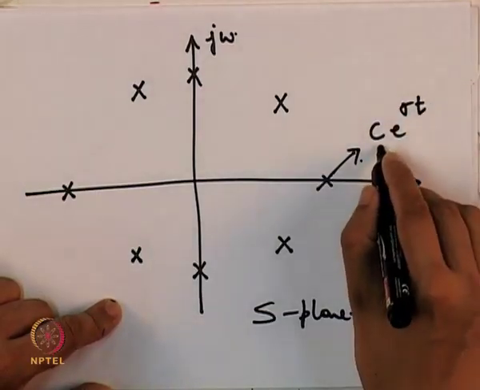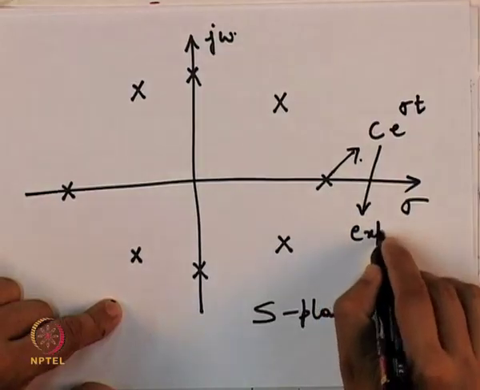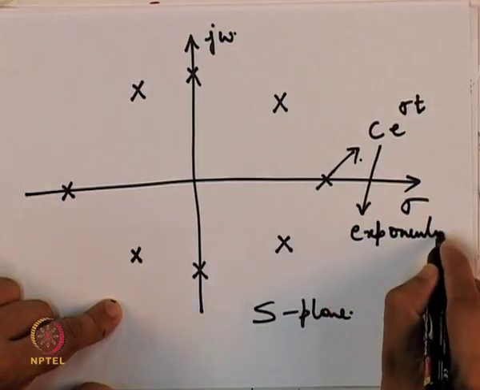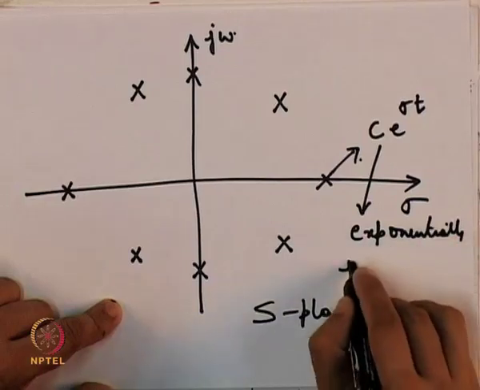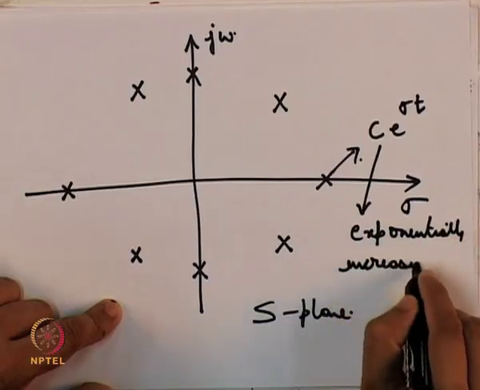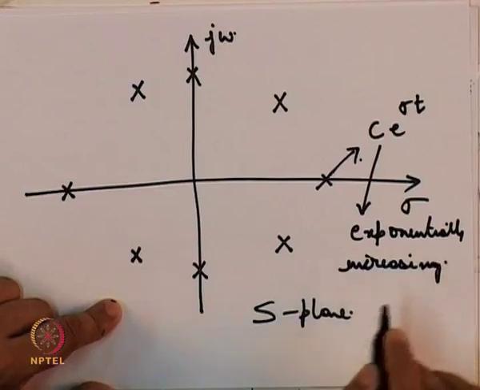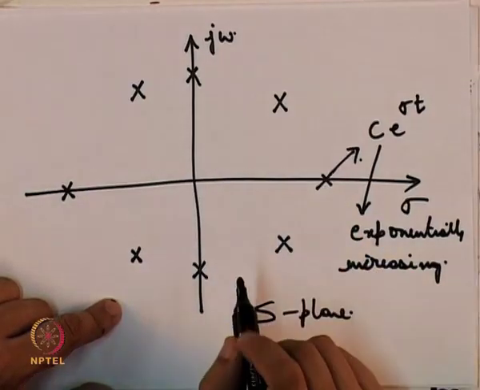This is a case of exponentially increasing, and therefore does not represent a stable system. This is the case of an unstable system.